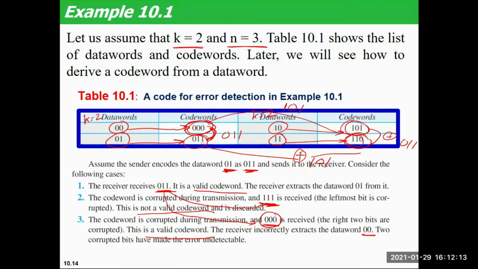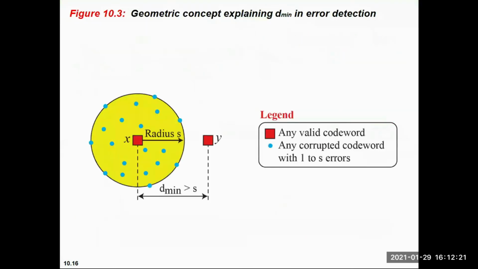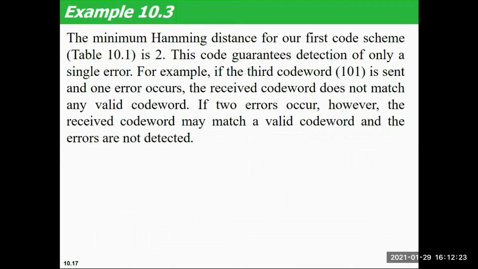So you can see here that the Hamming distance between these code words is 2. And we have already seen in the previous 3 cases that when the Hamming distance is 2, we can detect only a single bit change.